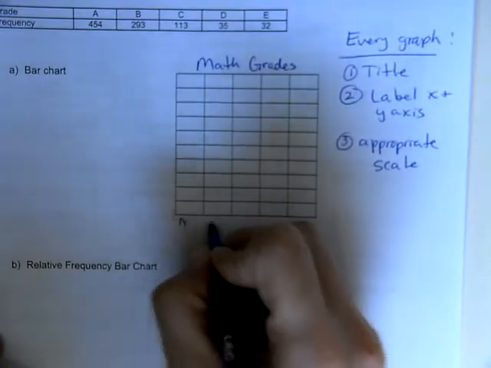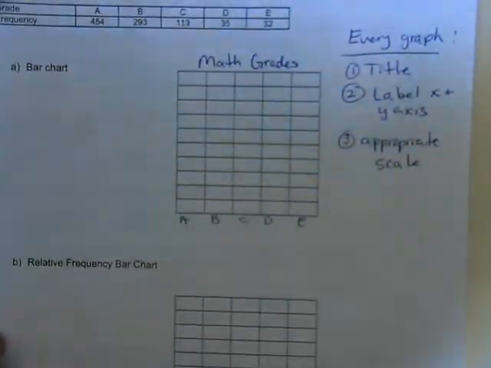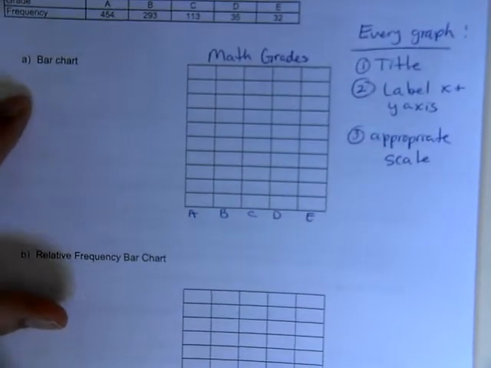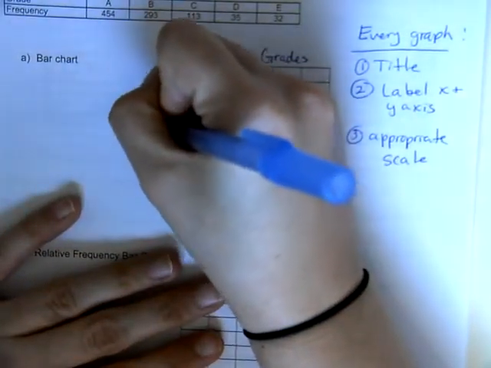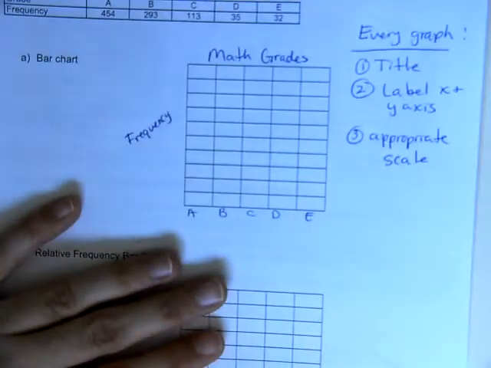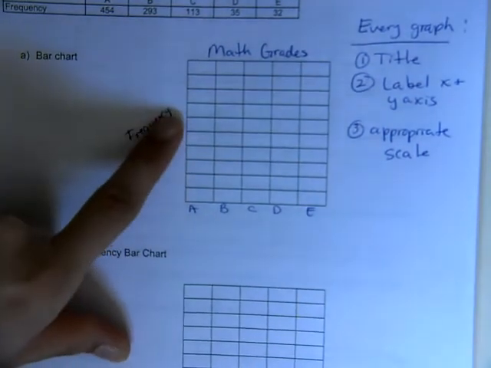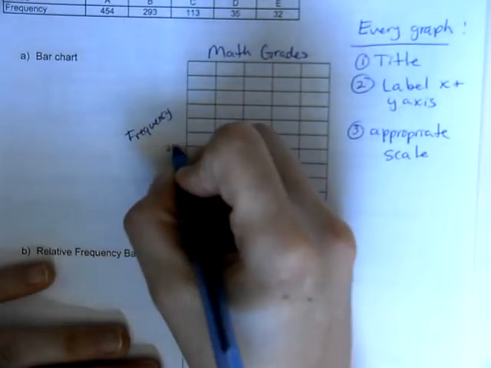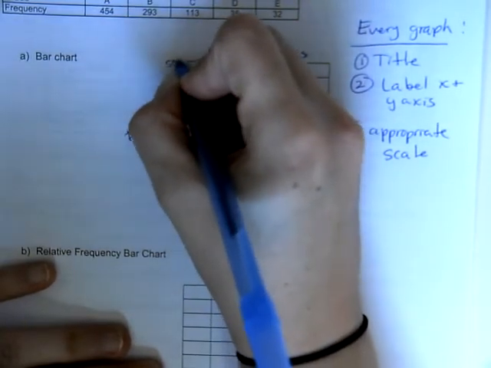So I have A, B, C, D, and E. Okay, so for a bar chart, we're going to do just the frequency. So my y-axis is going to be the frequency. And since I have to go all the way up almost to 500, I'm just going to make each row 50. So this will be 100, 200, 300, 400, 500.